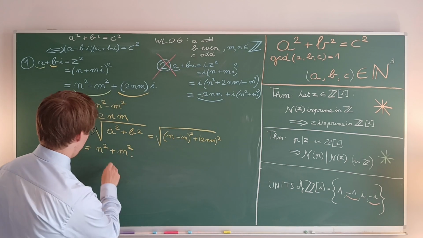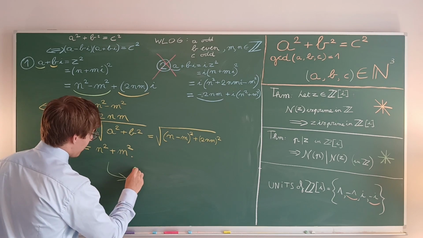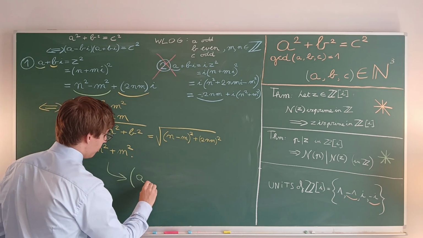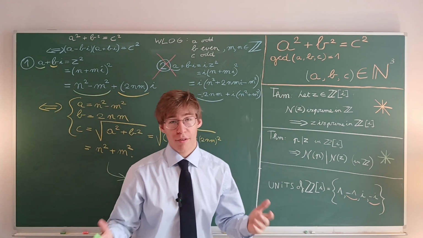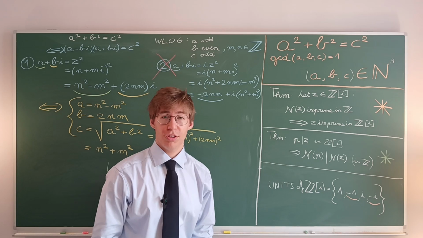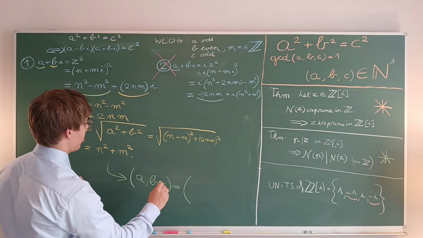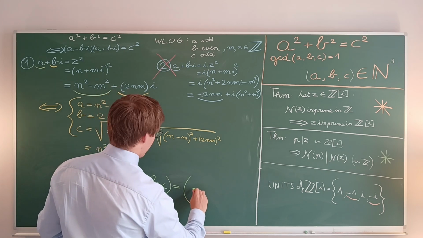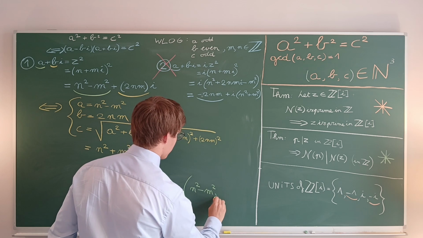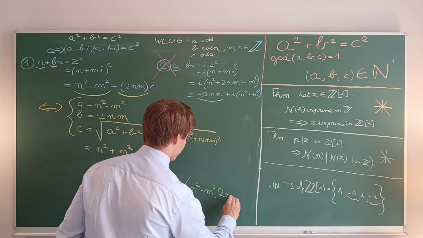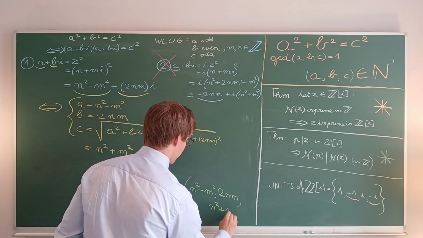So now we are almost done. We have that a, b, c that are solutions to this Diophantine equation, which are the Pythagorean triples, is equal to n squared minus m squared, 2nm, and n squared plus m squared.